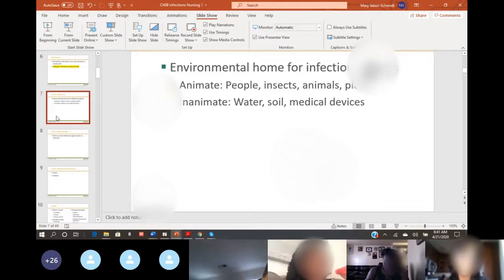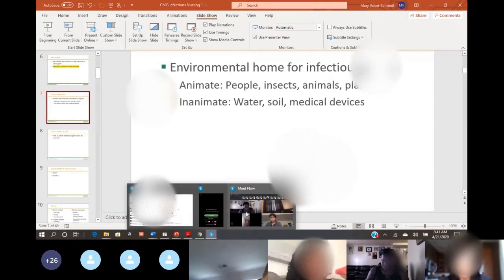We know that ticks can carry Lyme disease. Animals can carry disease. Plants can even carry disease. But then inanimate: water, soil, medical devices, hard surfaces. So again, when we talk about the coronavirus, we'll use that as an example, but this applies to any disease.